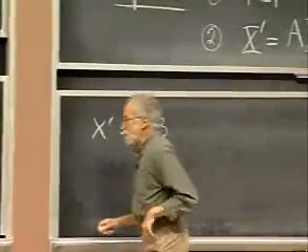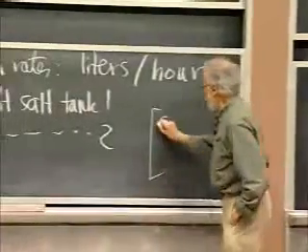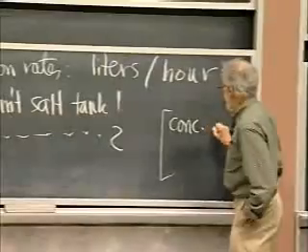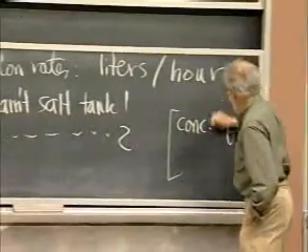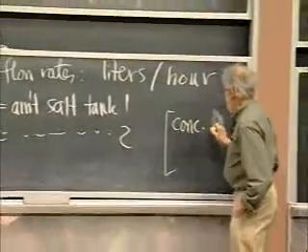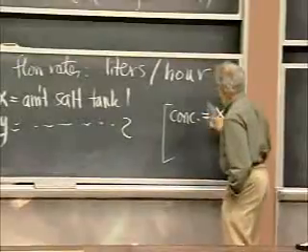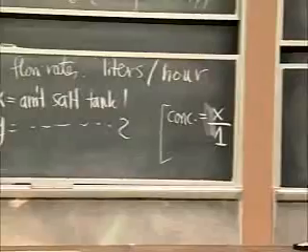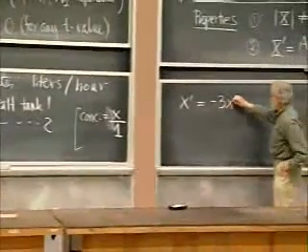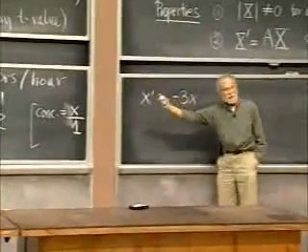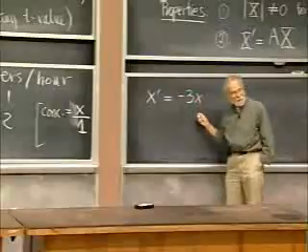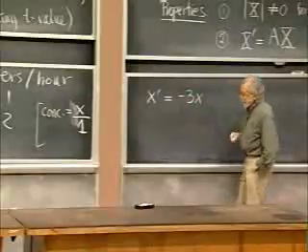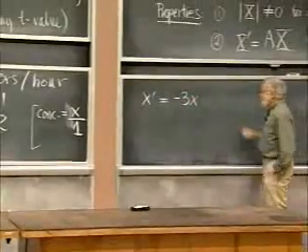But notice, the concentration of X equals X divided by 1. In other words, X represents both the concentration and the amount. So I don't have to distinguish. If I had made it 2-liter tanks, then I would have had to divide this by 2. So I'm cheating, but it's enough already.